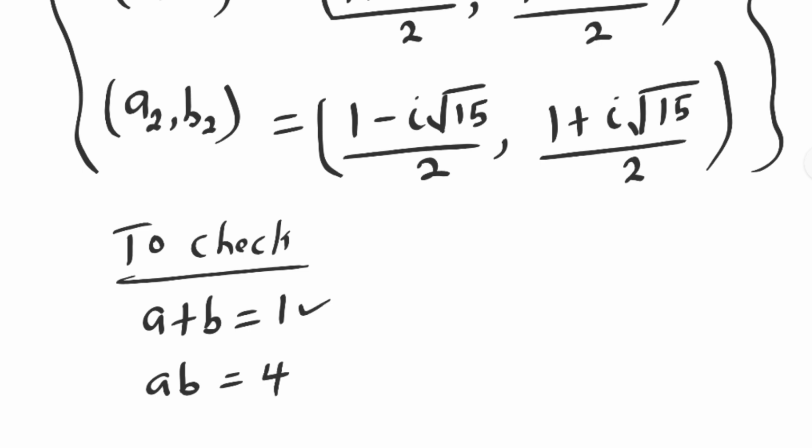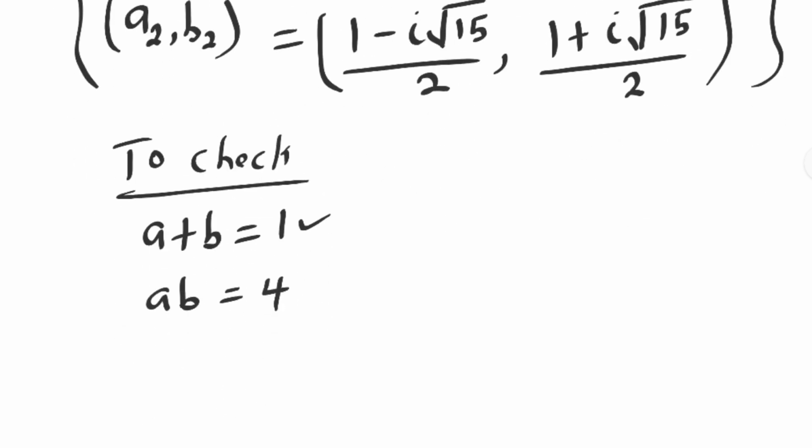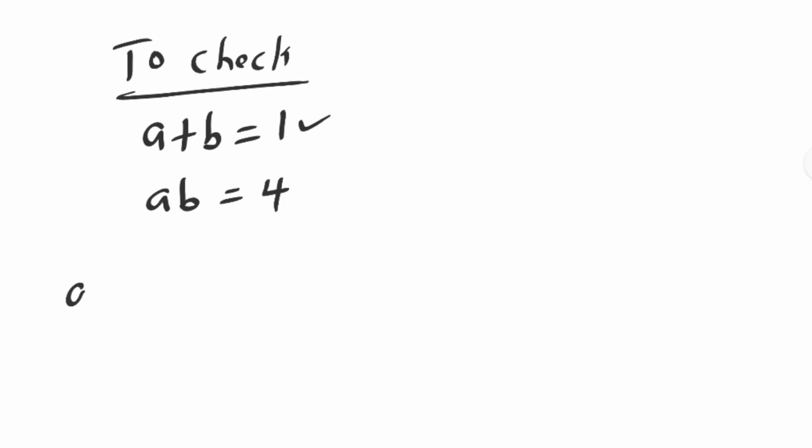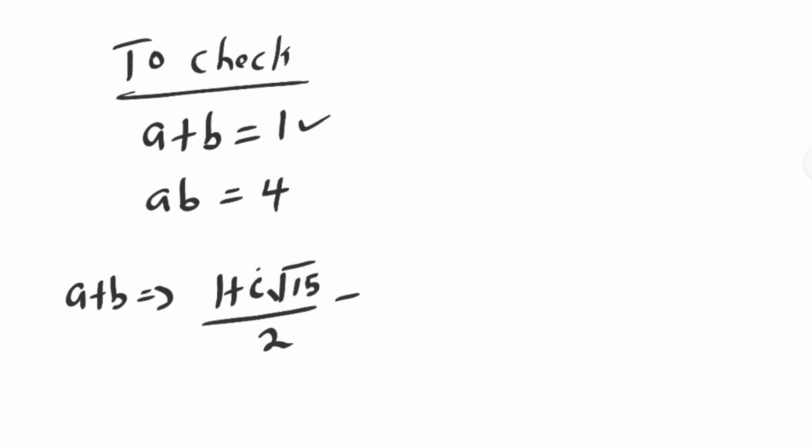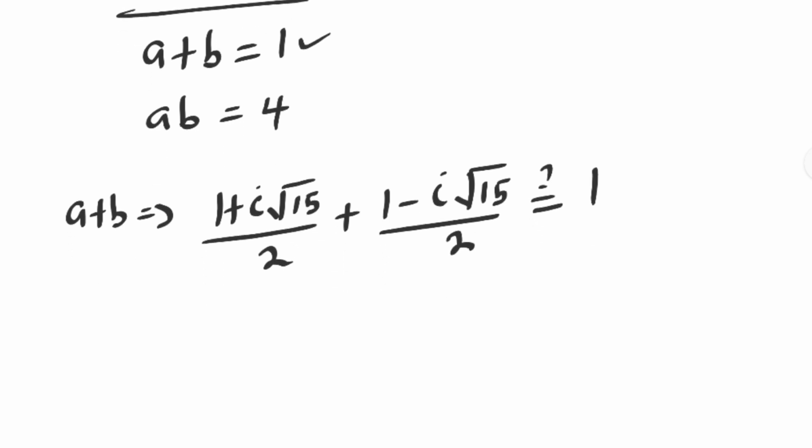Now let us consider this using a1, b1. a plus b, this is 1 plus i root 15 over 2 plus 1 minus i square root of 15 over 2 must be equal to 1. Then the LCM here is 2.